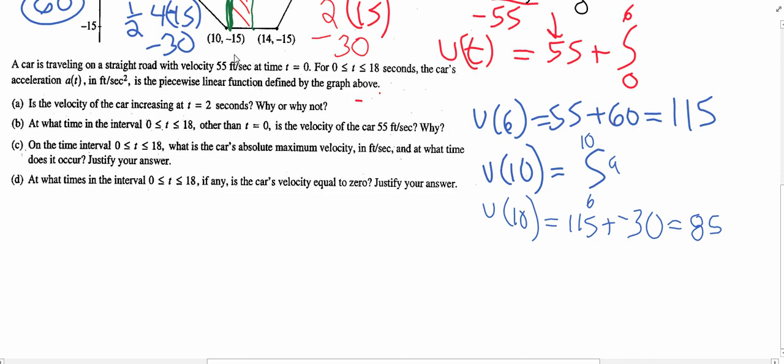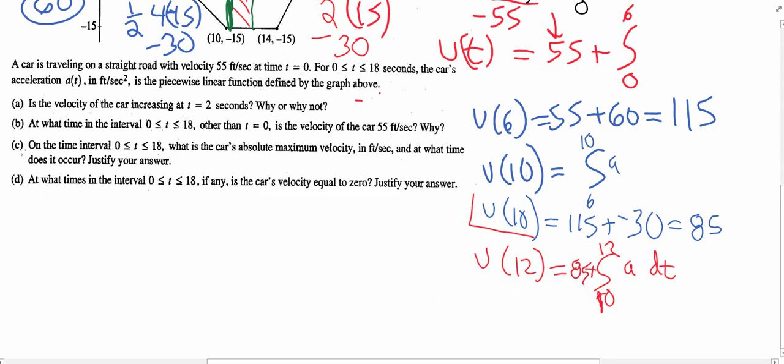So the last thing we would say is that v of 12 is equal to the integral from 10 to 12 of the acceleration. And we can go ahead and put that, that's 85 plus that, right? Because that's the value at 10 that we just evaluated right here.